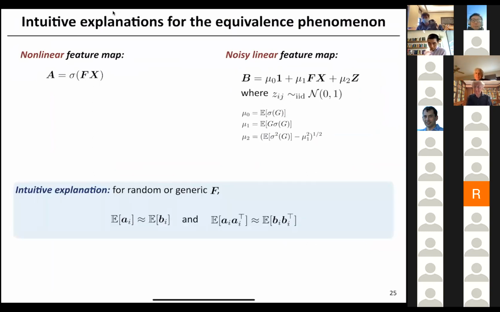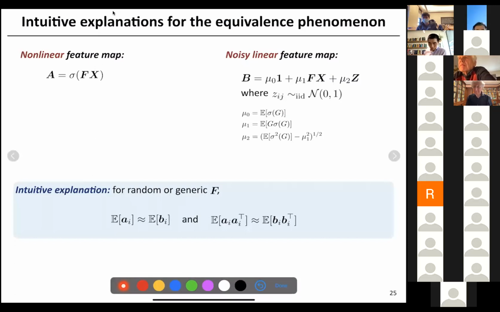No, yes. So I sort of understand your question. Really, what we're saying is the B version that we've written down here should be written as mu0 times 1 plus mu1 times f of x, which are the first and second polynomials, right?